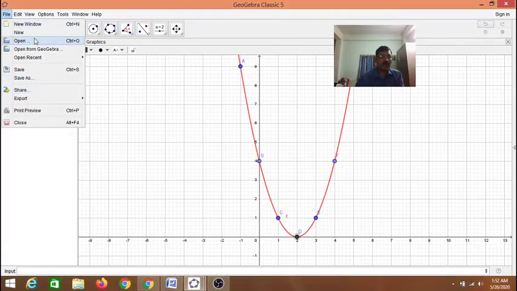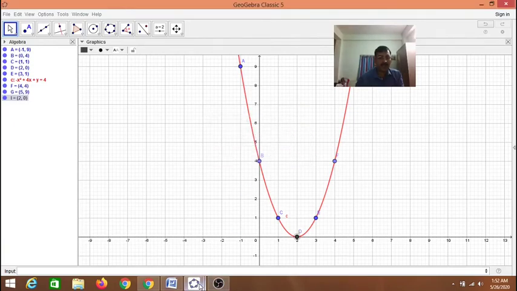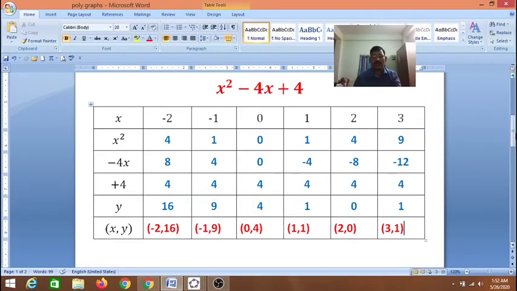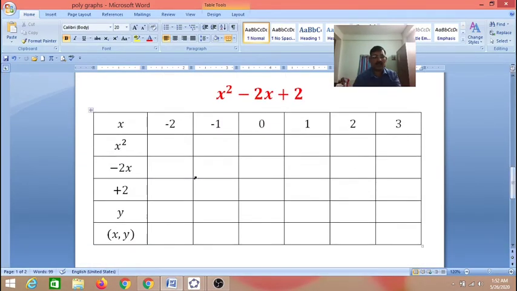Now let us go for one more graph. Meanwhile, we go for the table again. The third polynomial is x square minus 2x plus 2.